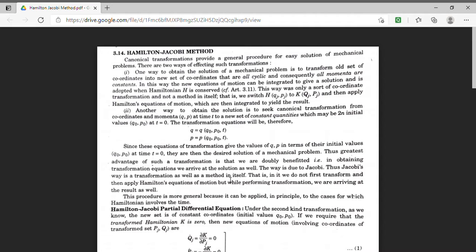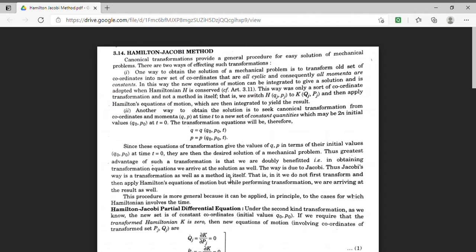For example, if we have a central force problem given in xy coordinates, that means Cartesian coordinates, then we can transform from Cartesian coordinates to polar coordinates, because a central force problem can be easily solved in r, theta, that is polar coordinates.